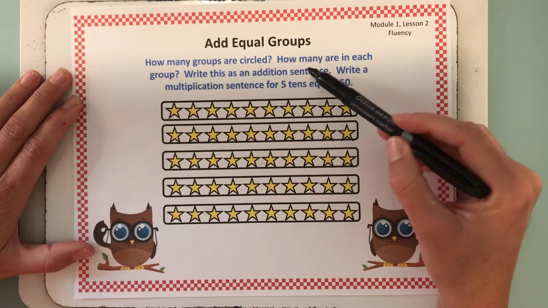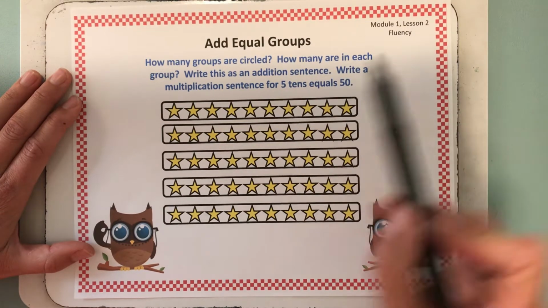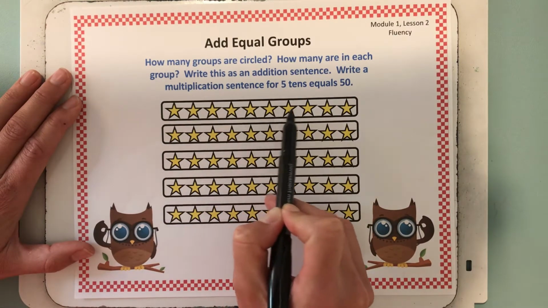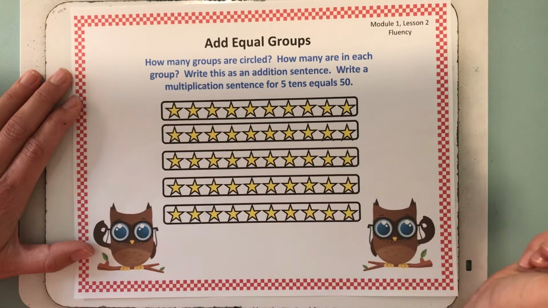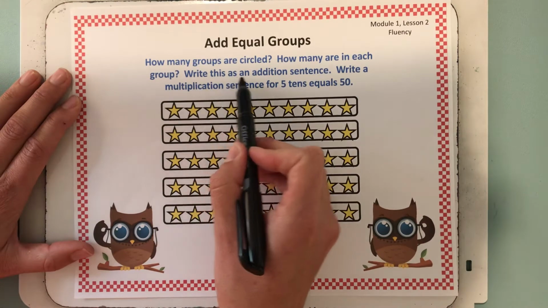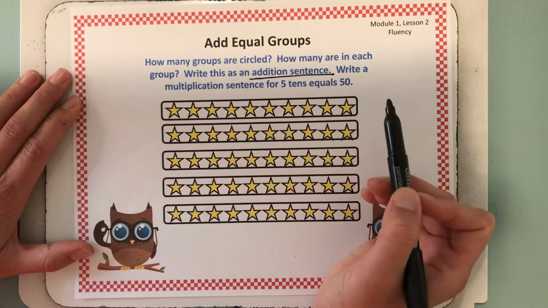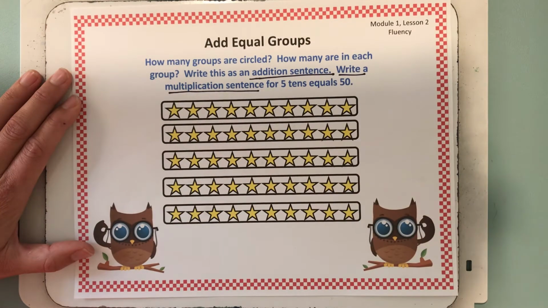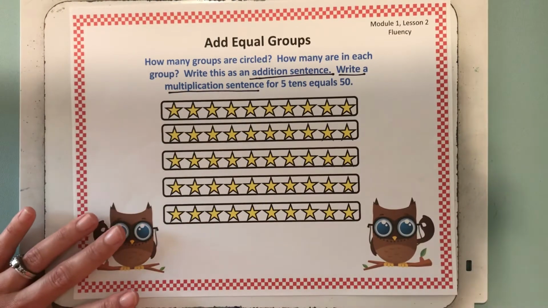And then it says, how many are in each group? So now you want to count how many stars are in one group. Pause the video to do that. And now it says, write this as an addition sentence, and we're going to write it as a multiplication sentence. Okay? For 5 10s equals 50.